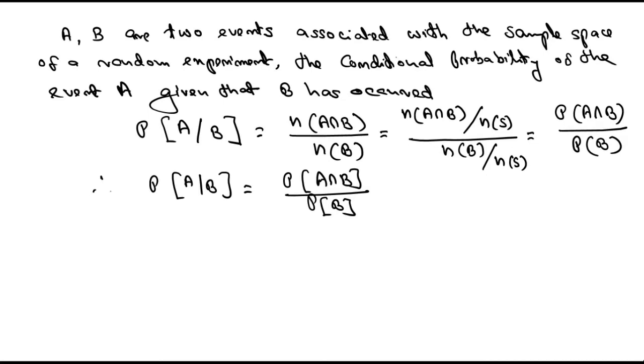Of course, we know that probability of B should not be equal to 0, as division by 0 is not defined.